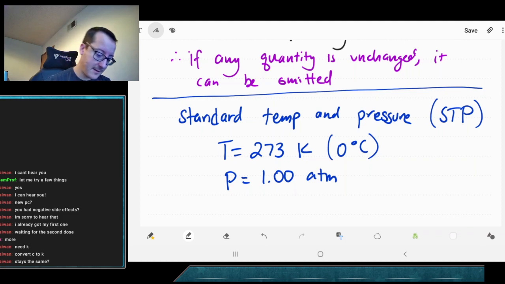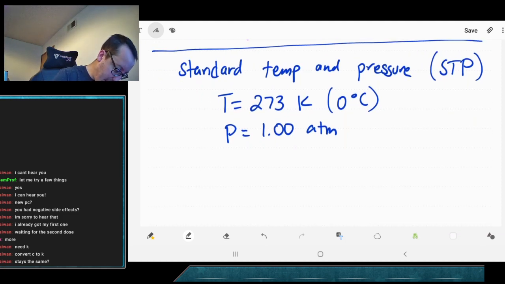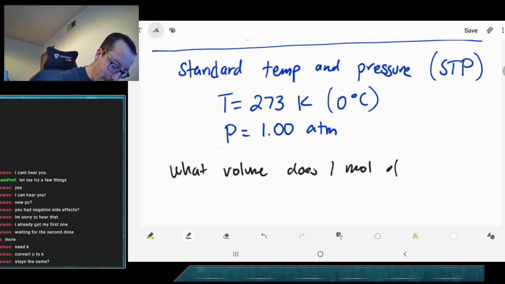Anyways, that aside, one thing that's very often calculated is what volume does 1 mole of gas occupy at STP.